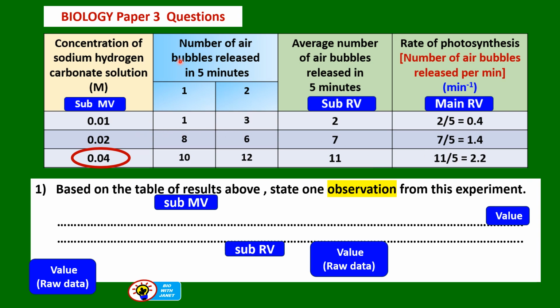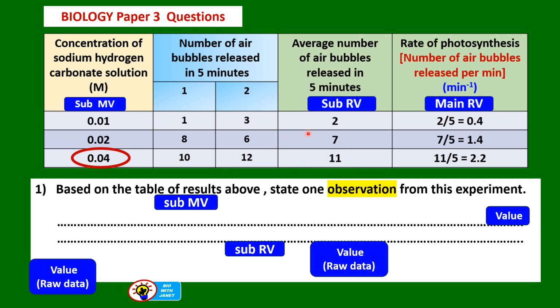So here, to answer the biology paper 3 questions, we have to have a set of results. I've taken out 3 results here, for 0.01 M, 0.02 M, and 0.04 M sodium hydrogen carbonate solution, and these are the results.